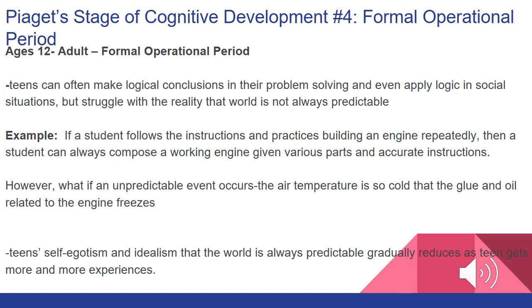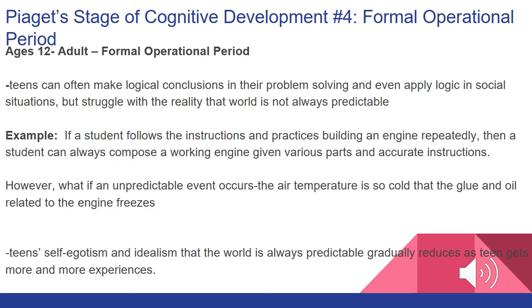They think that everything follows the same situation, that generalizations are always true. So an example of this might be a student in an ag science class. They've had lots of experience putting together an engine, and they put in several different types of engines, and they have been able to assemble it correctly, and they know that if they have the correct instructions and the correct parts, then they can put an engine together.